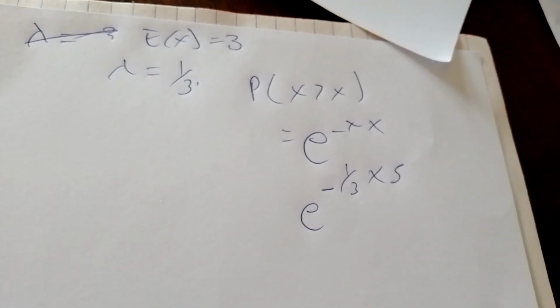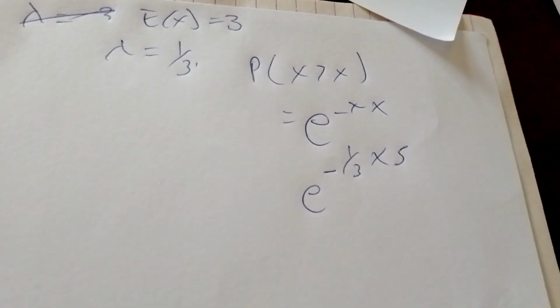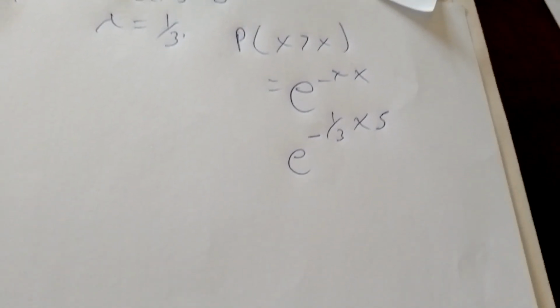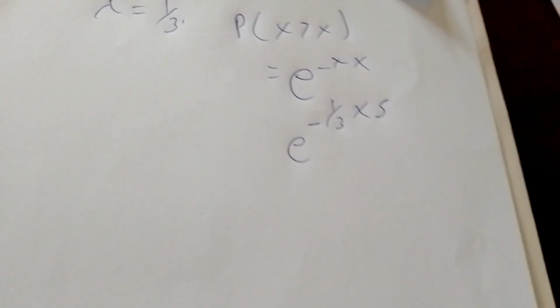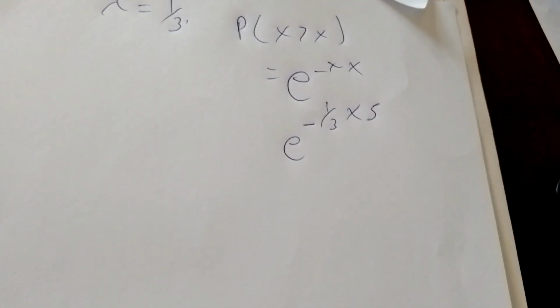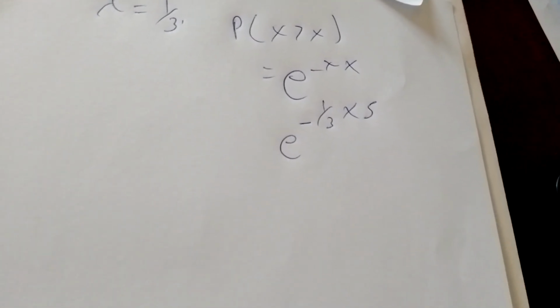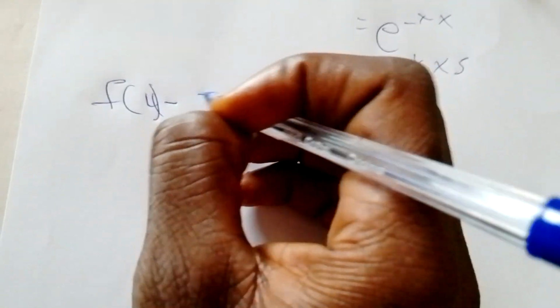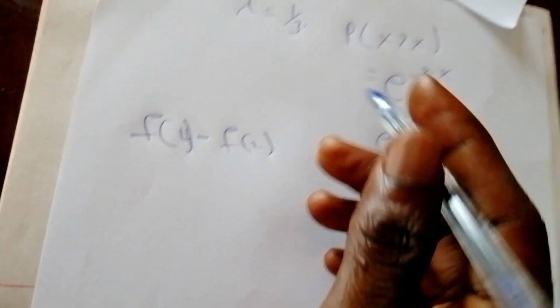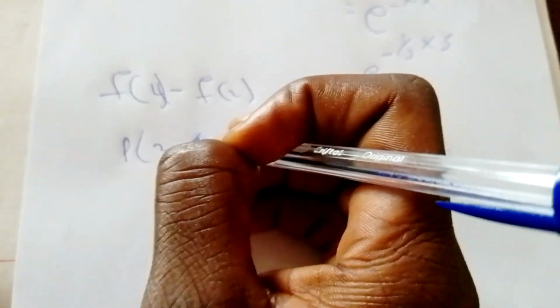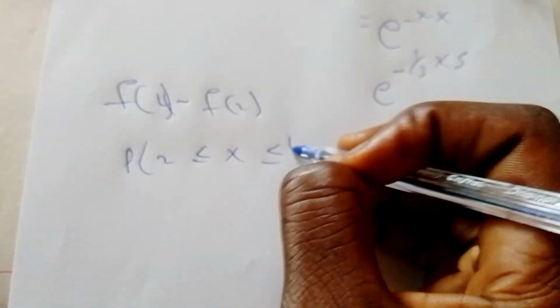Now the next thing is, they said under the same conditions, what's the probability of waiting for 2 to 4 minutes? How do you work this? So basically we want F of 4 minus F of 2, or maybe the probability of 2 less than or equal to x less than or equal to 4.